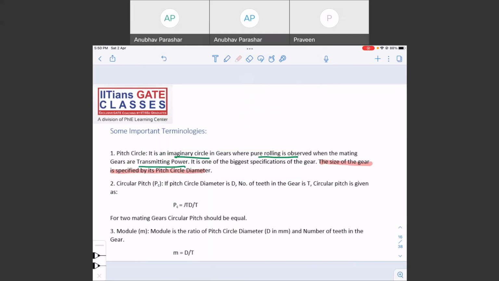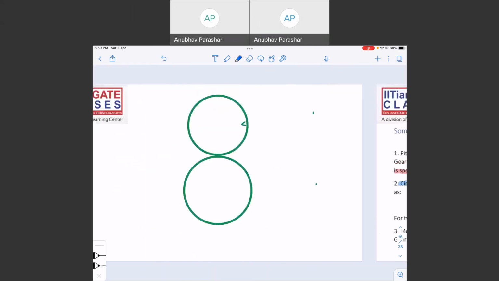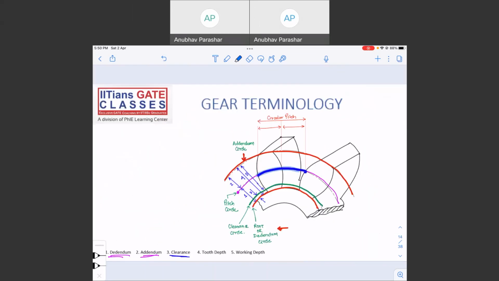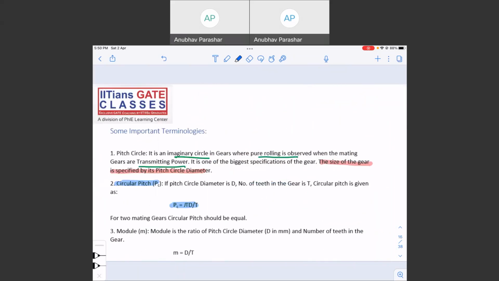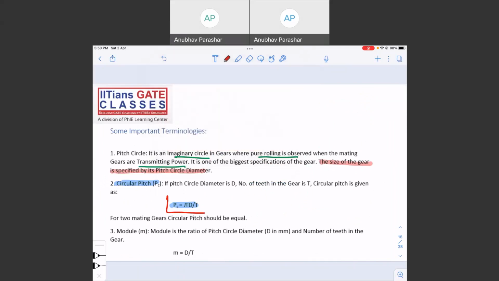The next point to discuss is circular pitch. What is circular pitch? You have seen it in the diagram: this distance is called the circular pitch. How do you find the circular pitch? It is very simple. It is equal to pi d by t.